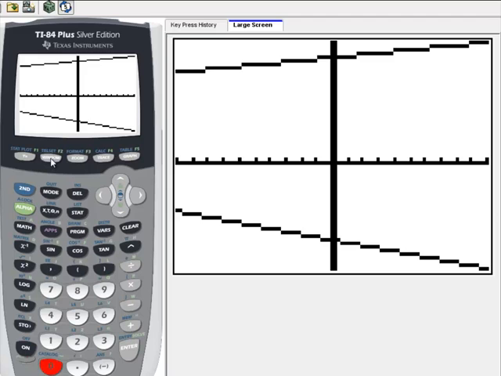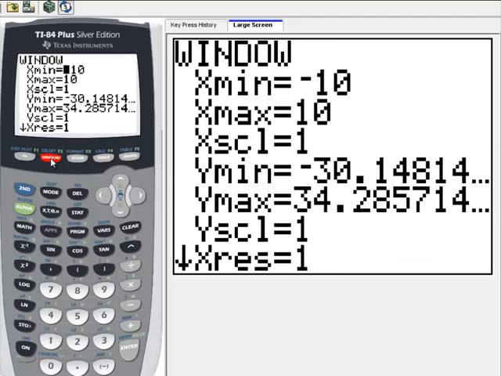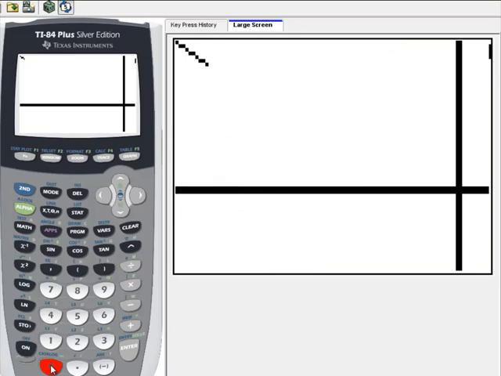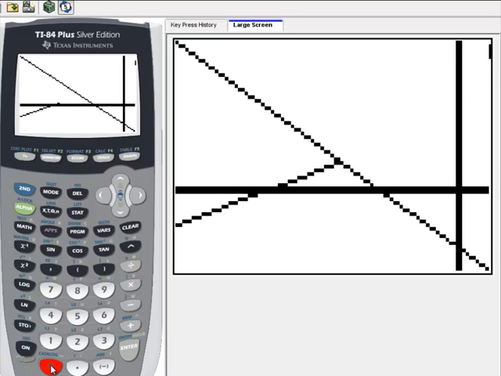So we can go to the window. X-min, right now it's negative 10. Let's try negative 100. I guess. If we don't like it, we can always change. And while we're here, let's also do a zoom fit to make sure everything appears on our display. Okay, just what we're looking for right there.